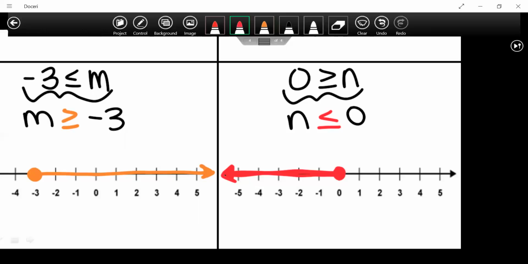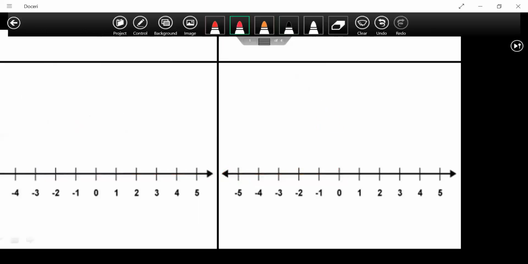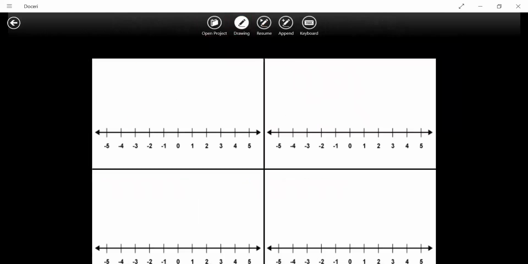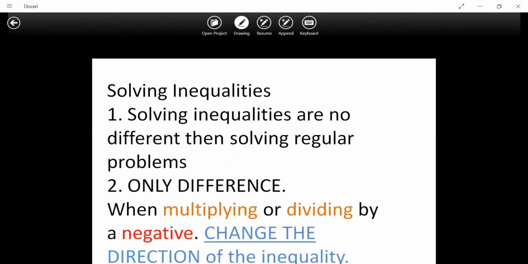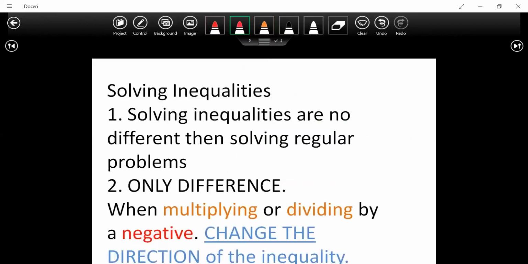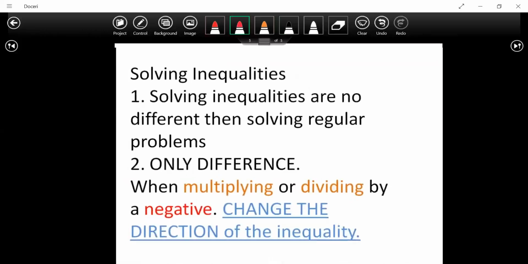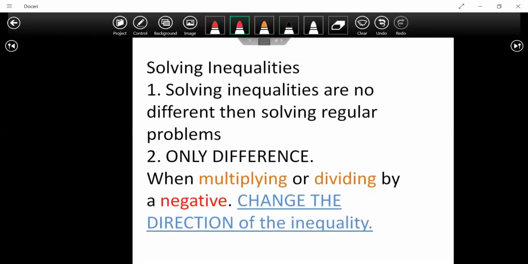Okay. Easy enough? Okay. We're going to look at one more thing. So that's basically graphing inequalities on the number line. Okay. Copy this part down. This is now solving inequalities. Basically what you're doing here to solve inequalities is no different than solving regular multi-step problems that we've been doing in class.